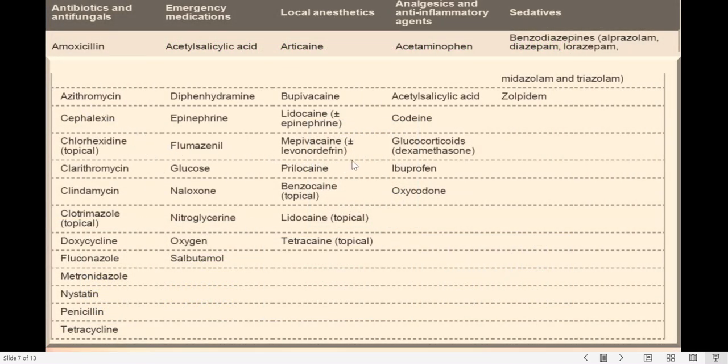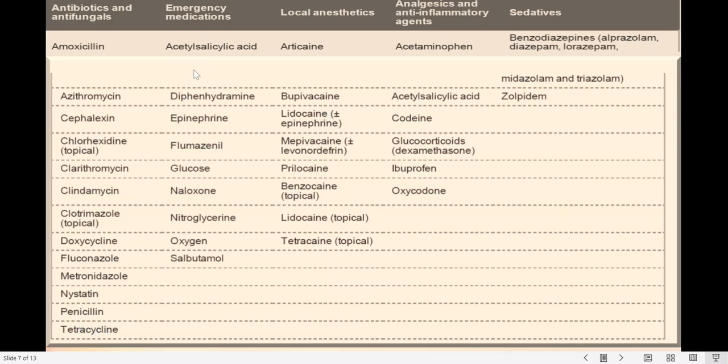This is more detail about the medications that are commonly prescribed by dentists in the form of antimicrobials, antibiotics, and antifungals, such as amoxicillin, azithromycin, cephalexin, chlorhexidine, clarithromycin, clindamycin, and also some antifungals, and other antibiotics such as metronidazole, penicillin, and tetracycline.